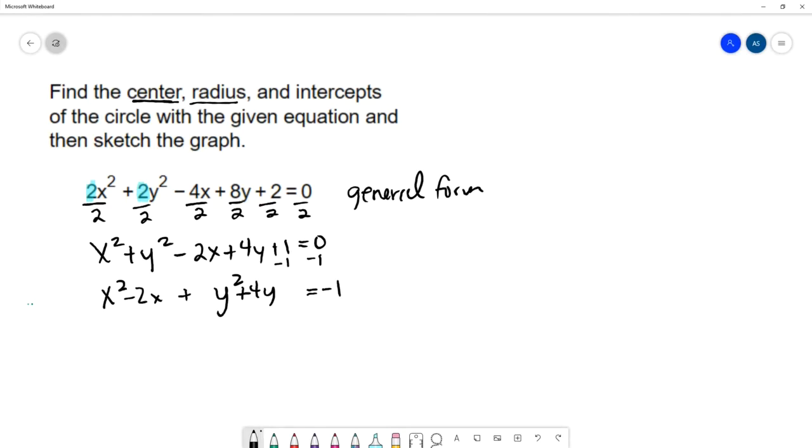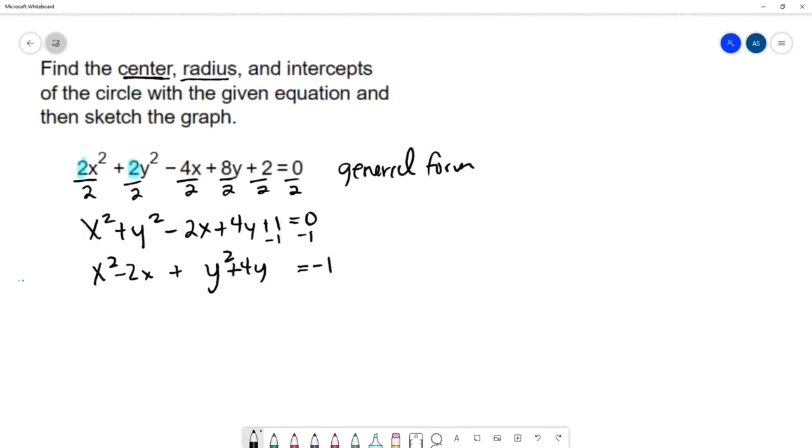So now that I've got the x's grouped together, the y's grouped together, and the constant on the other side, I want to find the magic number for each group. The magic number is what is going to make our x group factor to be a perfect square, and our y group factor to be a perfect square.